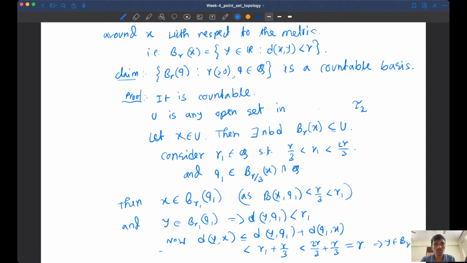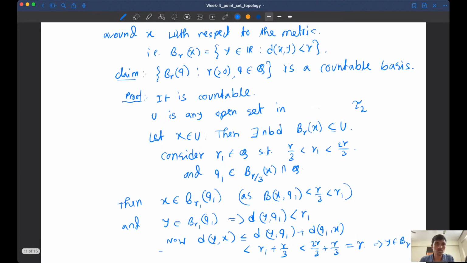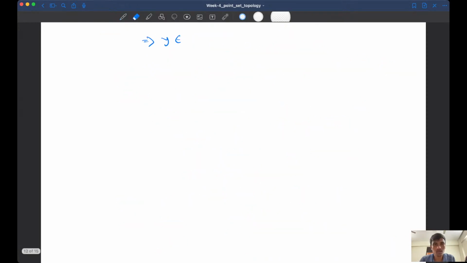So this implies B(q1, r1) is contained in B(x, r).